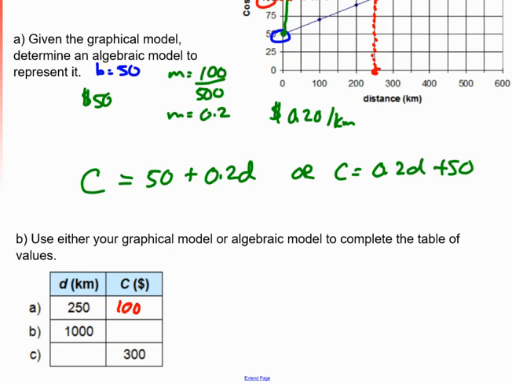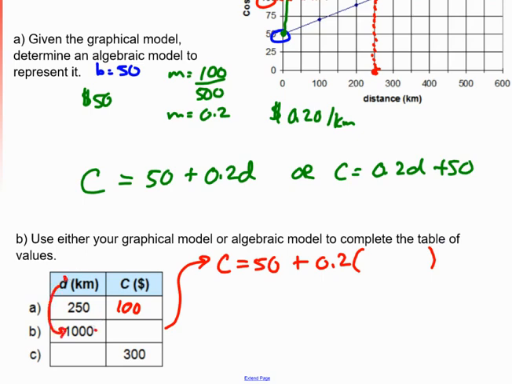All right, we're back now. So let's take this all up again. So let's use our equation. We know our distance. So C equals 50 plus 0.2 D. And what are we going to put in for D?